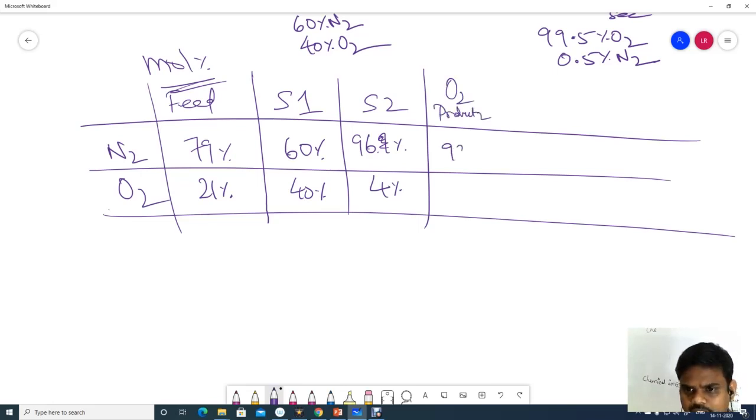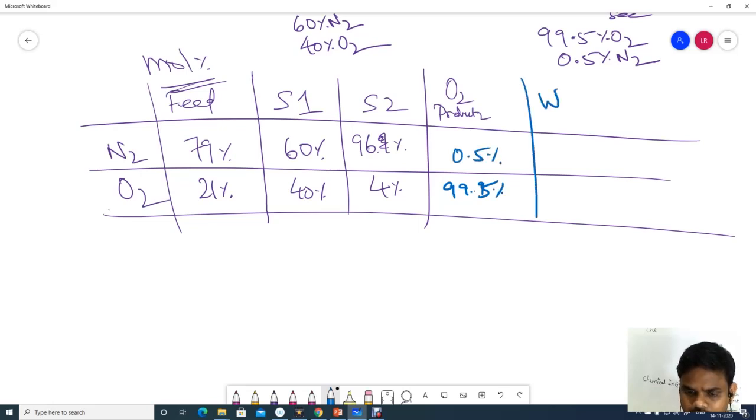Looking at the diagram, oxygen is 99.5% and nitrogen is 0.5%.